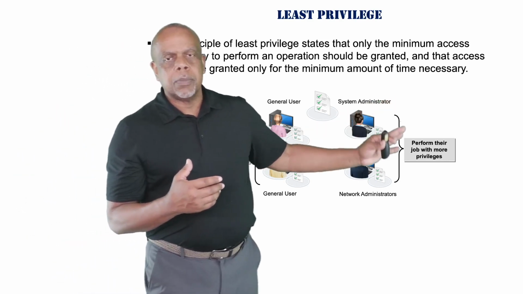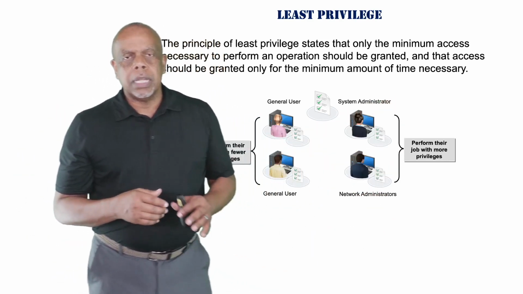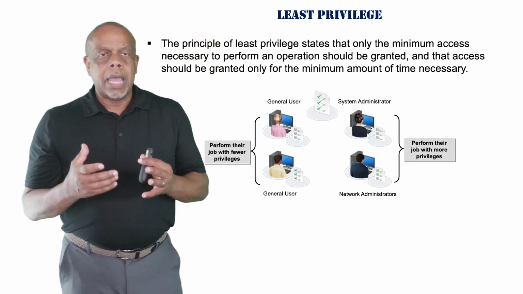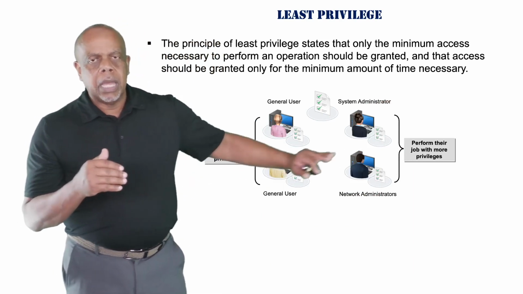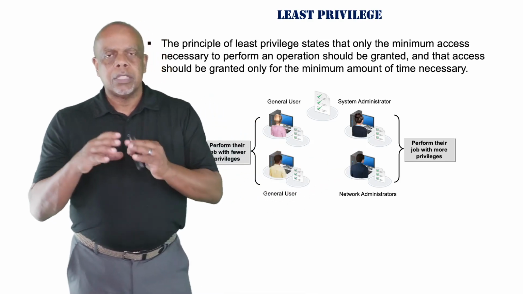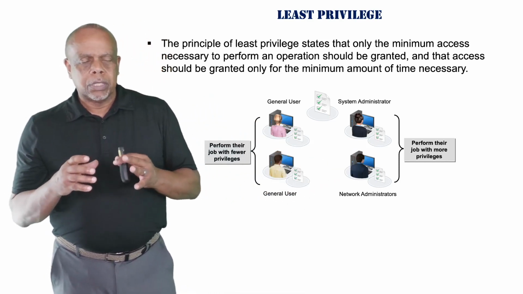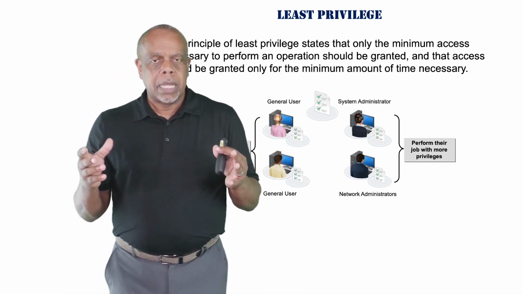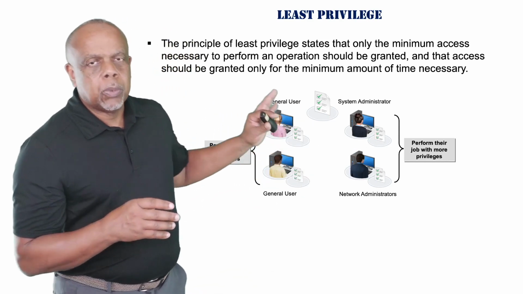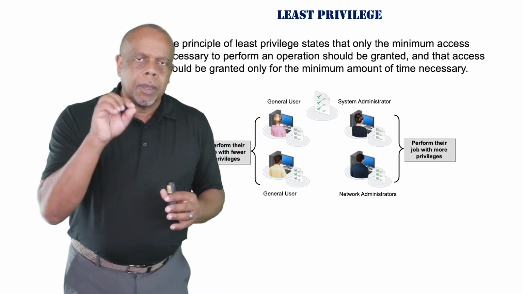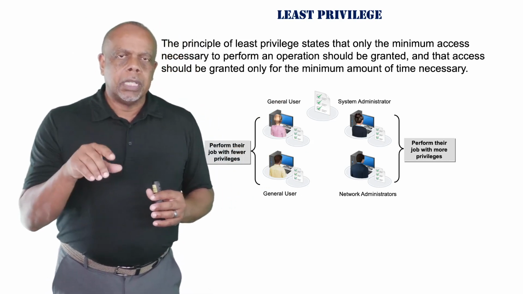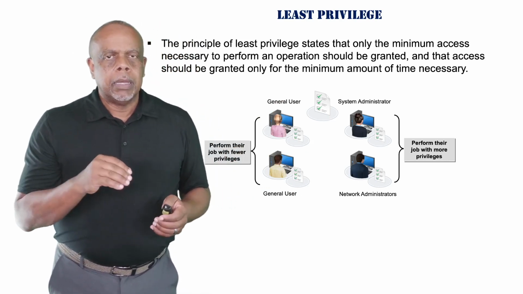If you are a system administrator or a network administrator, you're going to have more privileges on that network. But even then, I'm not going to grant you everything. It just depends on what you need. That's least privilege. You always want to only give people the amount of privileges that they're going to need to do their job.